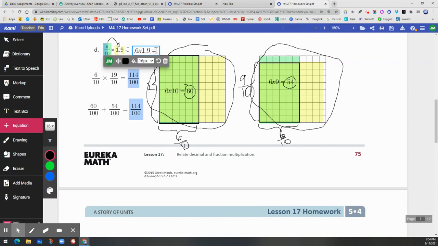6 times 9 equals 54. You carry 5 over. 6 times 1 equals 6 plus 5 equals 11. So there's the 11. And now this one has 2 decimals, which means it's a hundredth.